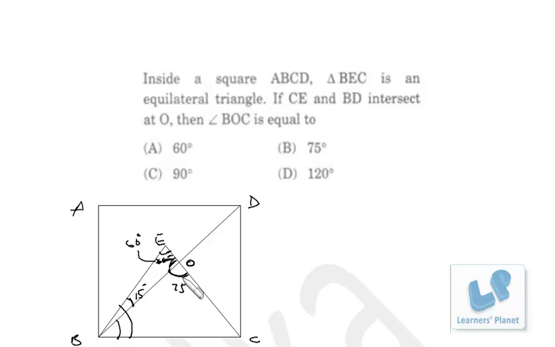Because this and this, both of them are forming linear pair, or we can say this angle is actually nothing but the sum of other two interior angles. So 60 plus 15, this angle must be 75 degree. As simple as that. Okay. The very basic properties of this triangle and this square we are using over here.